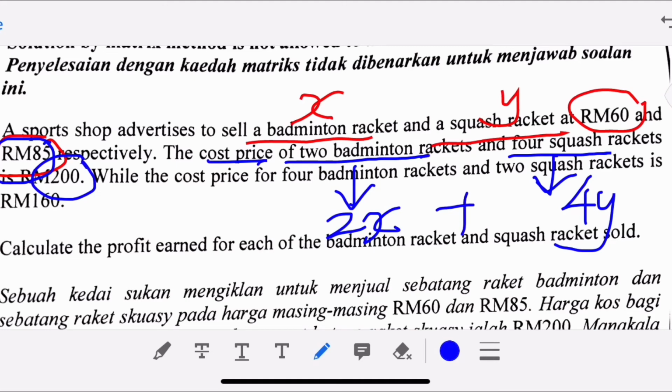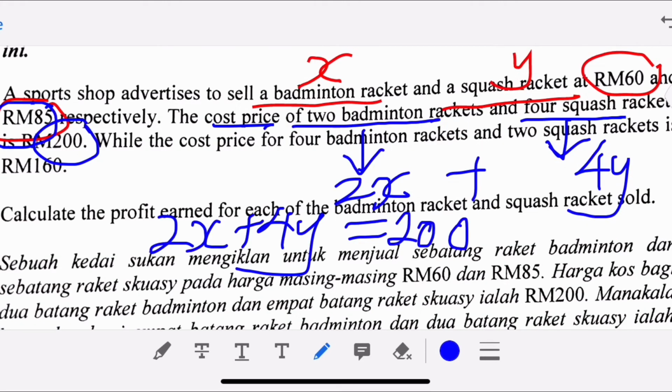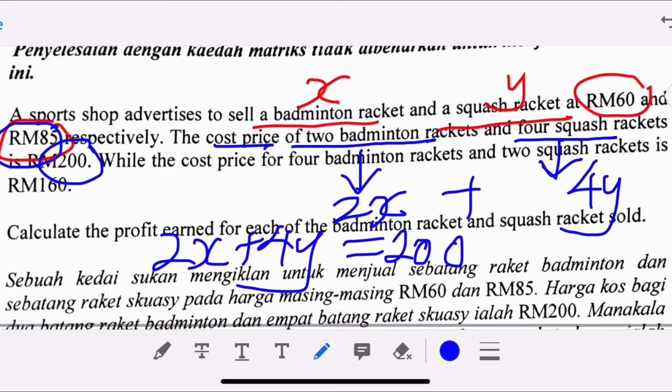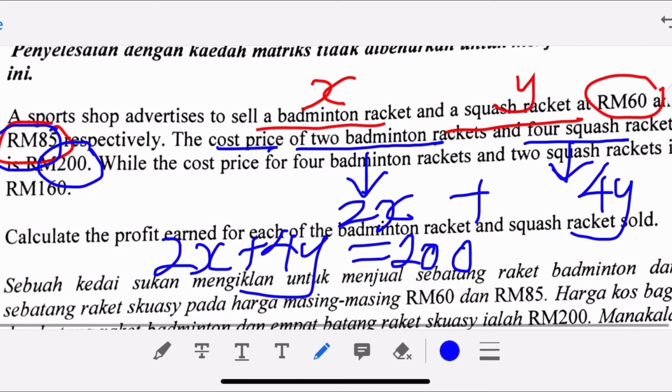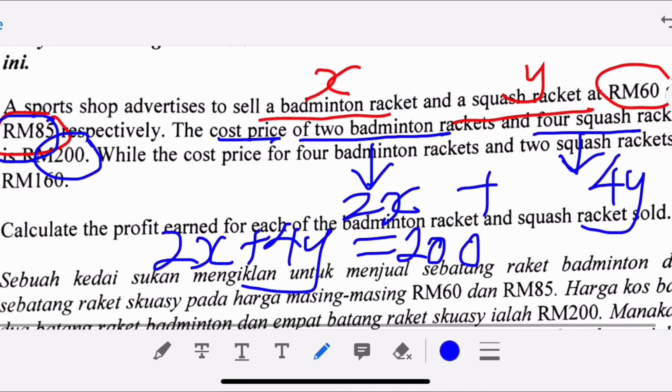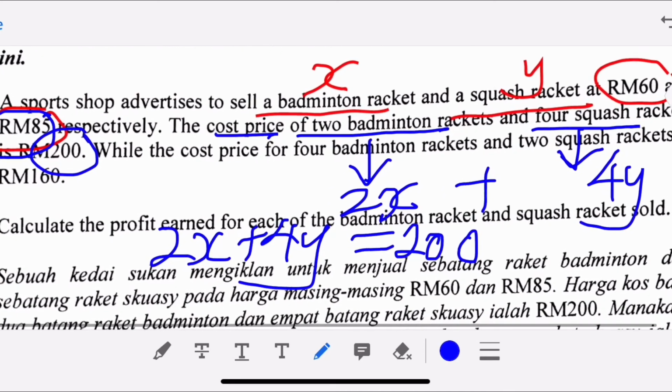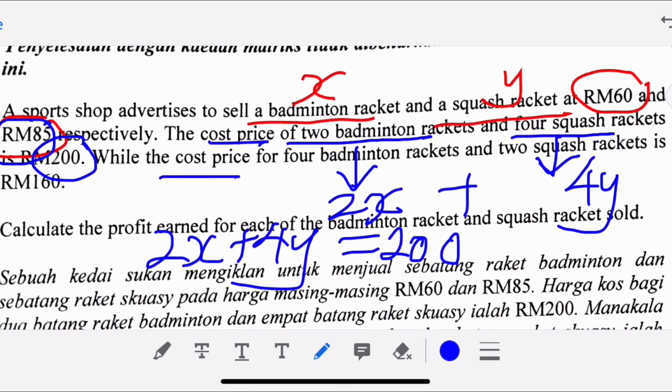How do you find the equation? From the cost price, it is 2 times X. Follow the question. The question says 2, so you take 2 times X, and then plus 4Y equal to 200. While the cost price of 4 badminton rackets and 2 squash rackets is Rm 160, we just follow the question.